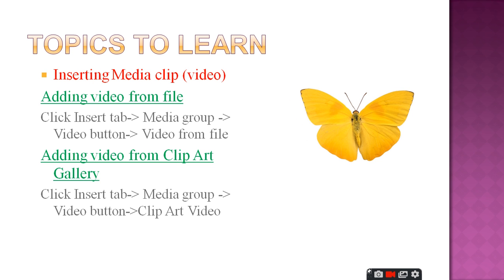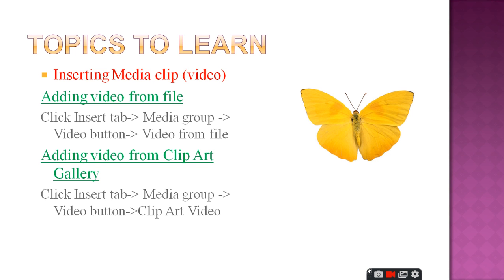Next, only text is insufficient to convey the information. In that situation, we need to add some media clips. That media clips may be video or audio. To insert the video, we need to click on the Insert tab, Media group, where the Video button is available.